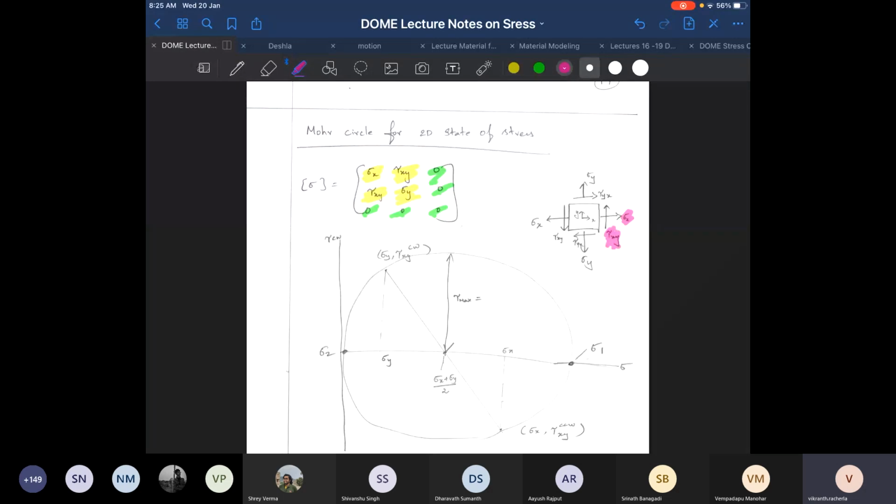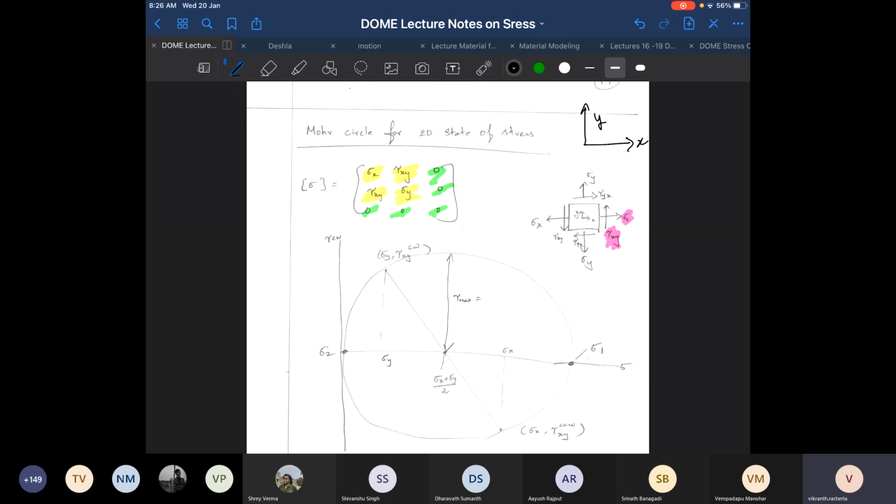Tau xy is the shear stress. So the first index tells you about the plane on which the stress is acting. The second index tells you the direction in which it is acting. Okay. So over here, what we are considering is an axis, something like this, that this is x and this is y.